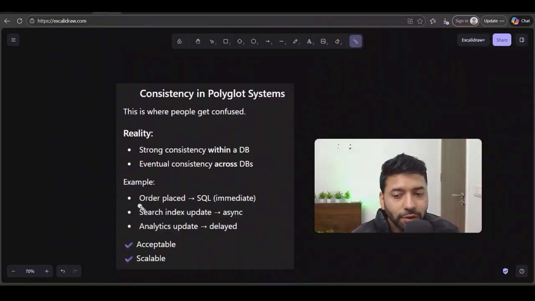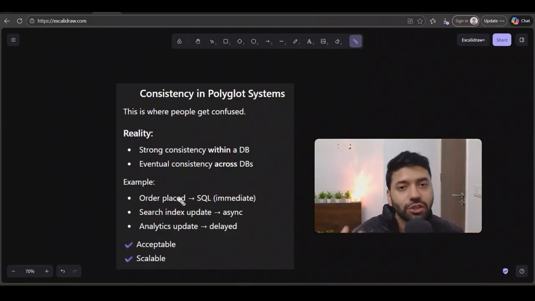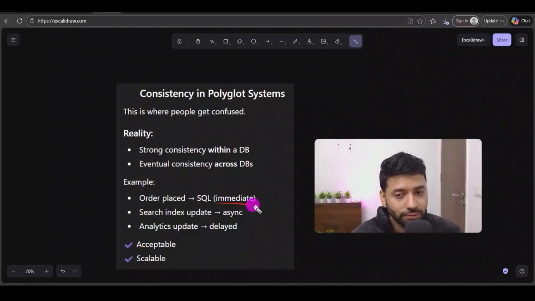Okay, so for example, a user placed an order. Because we were using the SQL database for order related things, since it required the financial transaction, strong ACID support, strong consistency, that would be immediate. Strong consistency in that database where you are performing the operation, like your OLTP DB.